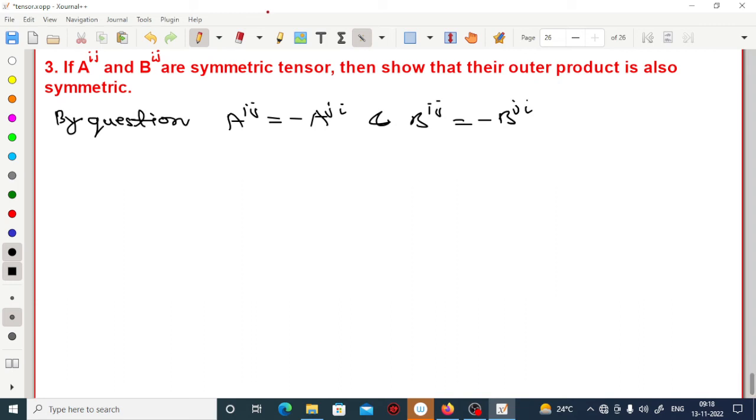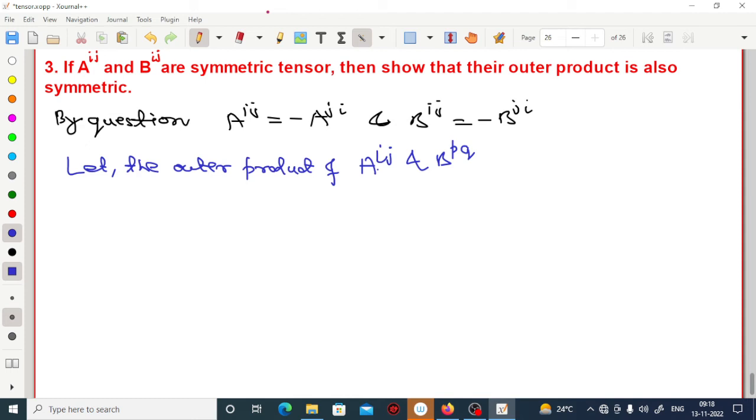Let us try to take the outer product of these two. Taking the outer product of Aij and B, you don't take Ij because Ij is already used, you take PQ.